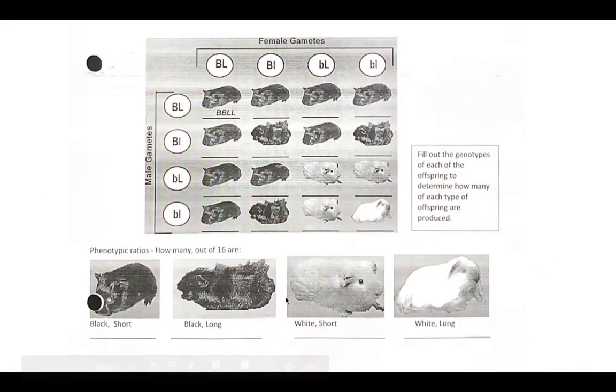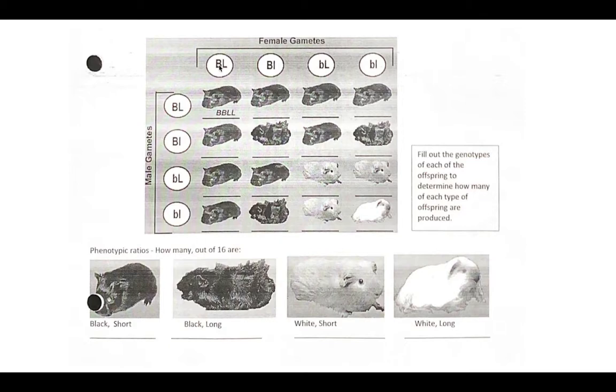So you figure out what are the gametes that this one can make and what are the gametes that this one can make. And then you would put those gametes, which has already been done for you, up here on the axes. So here's the female, here's the male. It doesn't matter which axes you put male, female, at all. And then you cross. So this guinea pig is going to be the result of this egg meeting this sperm. So check out what they've done.